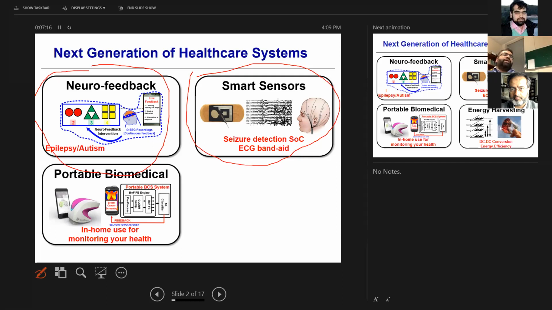The third application we are looking into is, apart from those diseases or disorders which we normally call chronic, which need long-term continuous monitoring, we can also look at applications which might need just a regular checkup once in 6 months, but that is essential. Because of some stigma in our society and lack of facilities, that's not happening.